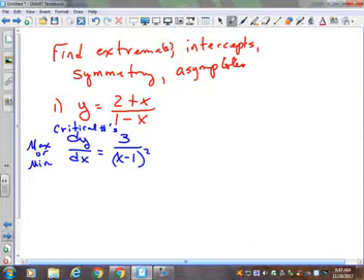All right, so the first thing you do when you're thinking about critical numbers is you look for those extremas, the maxes and mins, and that happens when the top's equal to 0. So if you think about it, is 3 ever going to be equal to 0? No. So that means we're not going to have any max or mins that are extremas. Okay, extremas are always maxes and mins.